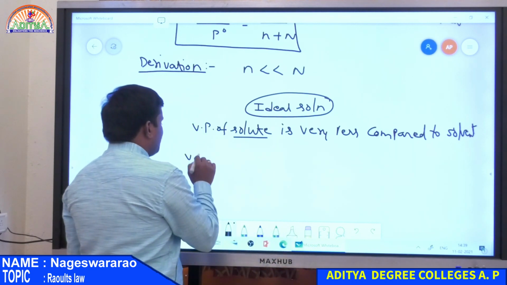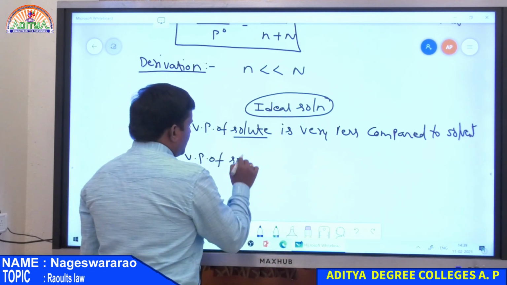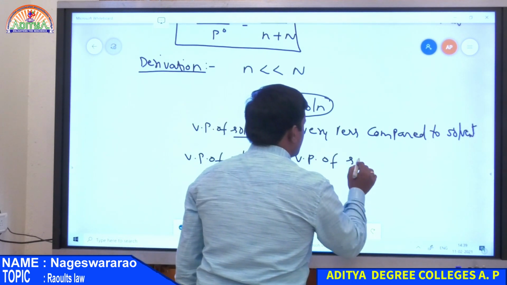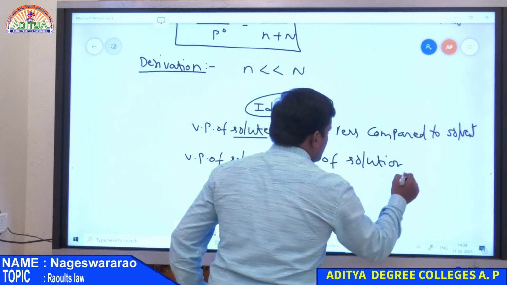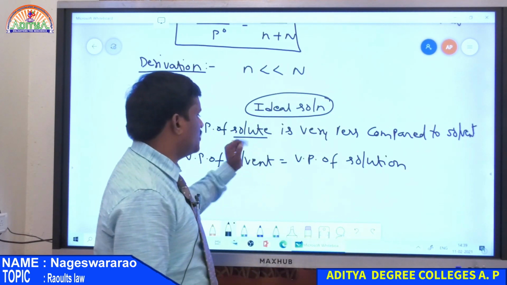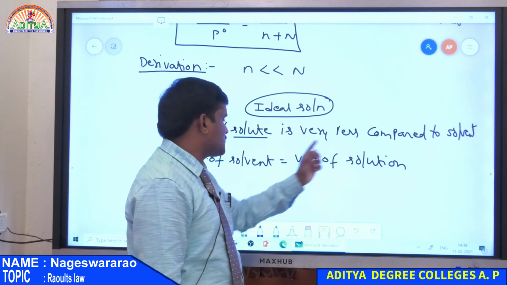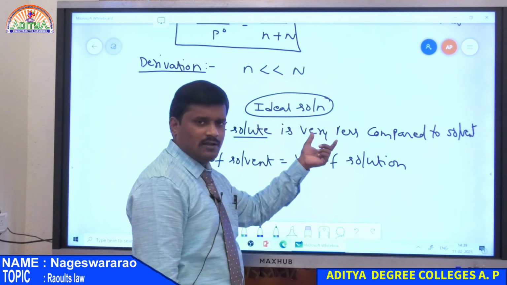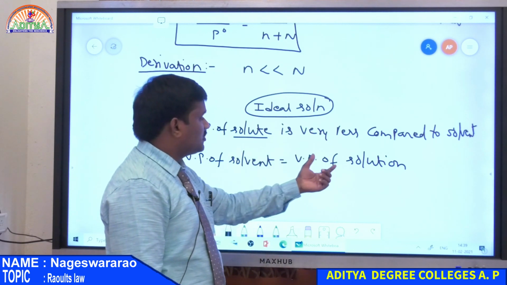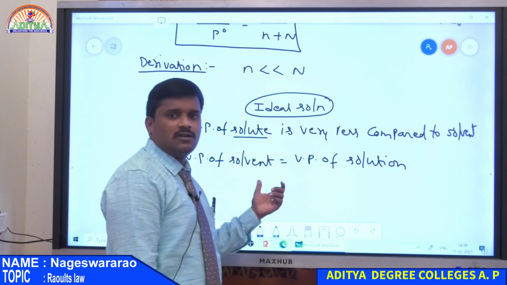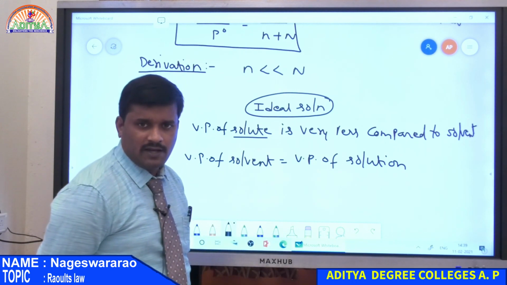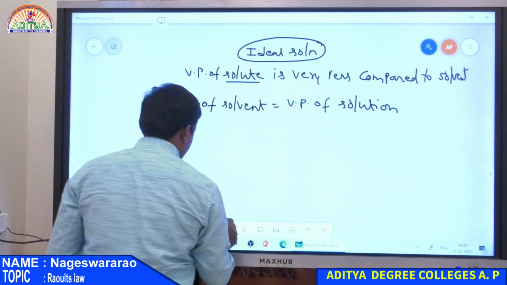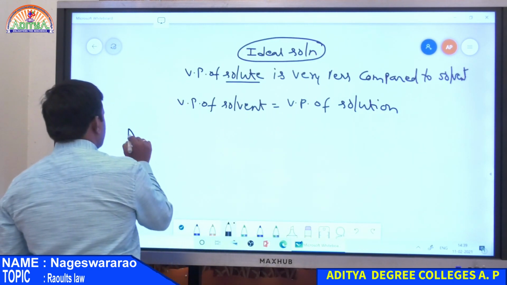That means the vapor pressure of the solvent is equal to the vapor pressure of the solution, because the solution contains both solvent and solute, but the solute's contribution is neglected. Therefore, the total vapor pressure of the solution is equal to the vapor pressure of the solvent. And now Raoult's law is also stated in another form, so one more definition for Raoult's law.